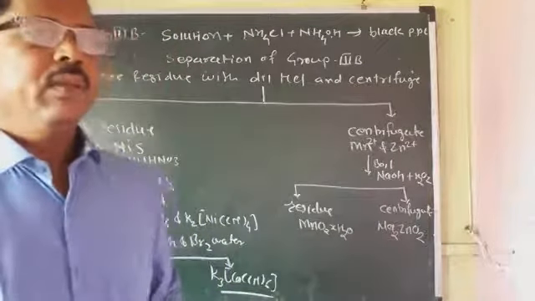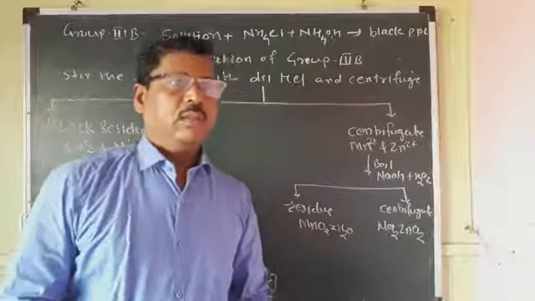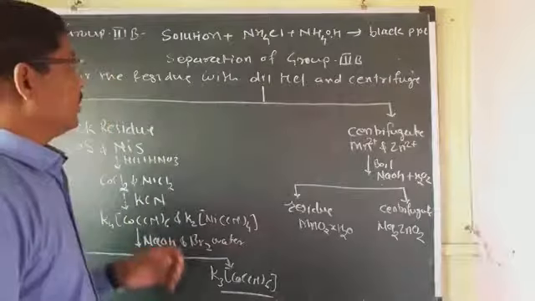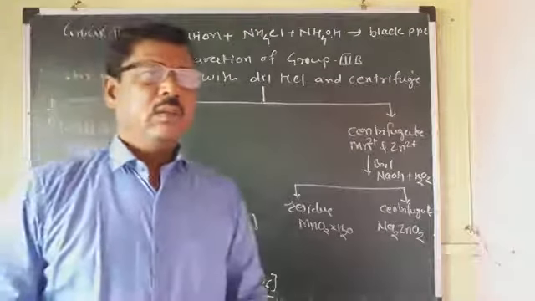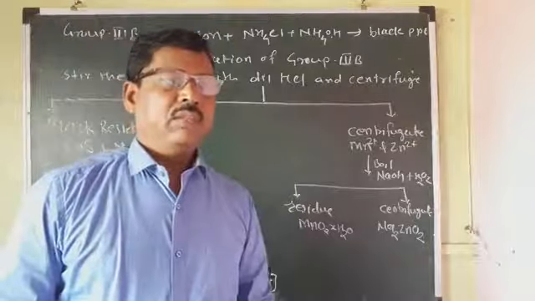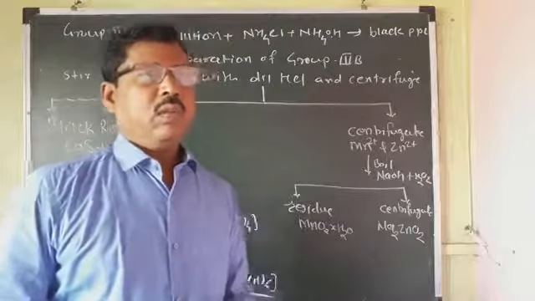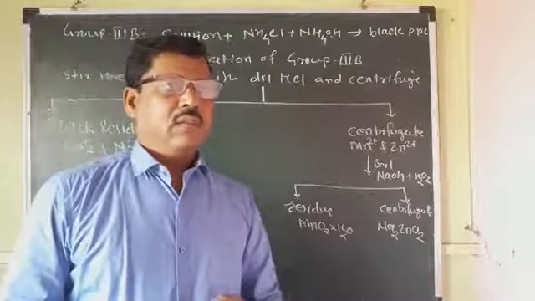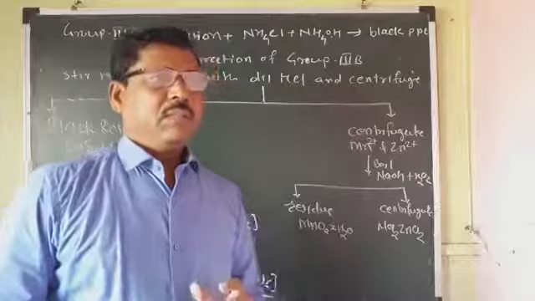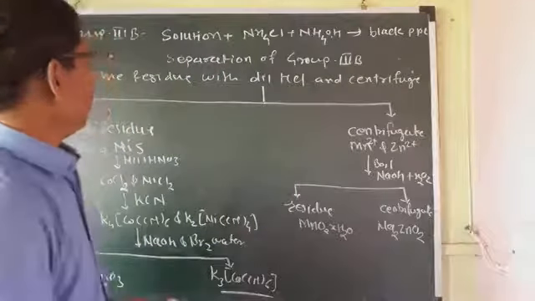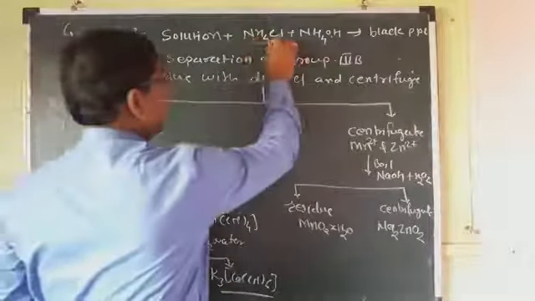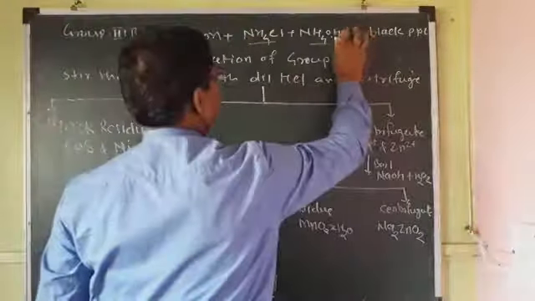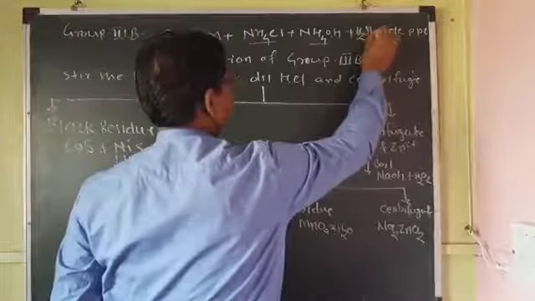Hello friends. Today we are going to discuss the group 3B elements, or group 4 elements. For the group 3B elements, the precipitating reagent is NH4Cl and NH4OH in presence of H2S gas.